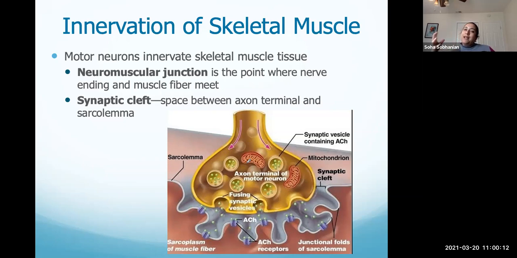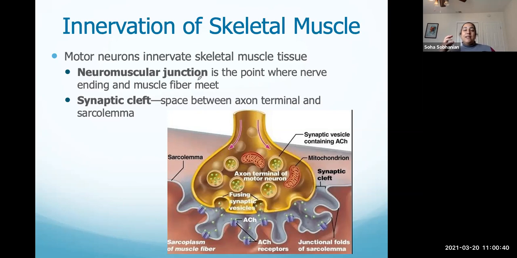But what we're explaining in terms of the T tubules, the troponin, tropomyosin, that's related to the muscle contraction. So there's two concepts we're connecting together right now. And again, the neuromuscular junction is literally where your axon terminal is communicating with the muscle fiber. That area is known as the neuromuscular junction.